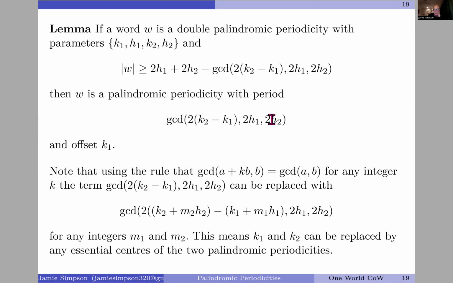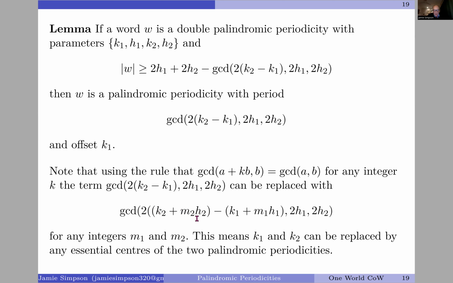And that means that we can add on multiples of 2h1 and 2h2 to the 2(k2 minus k1) part and have anything like this, like the bit at the bottom, as the greatest common divisor.